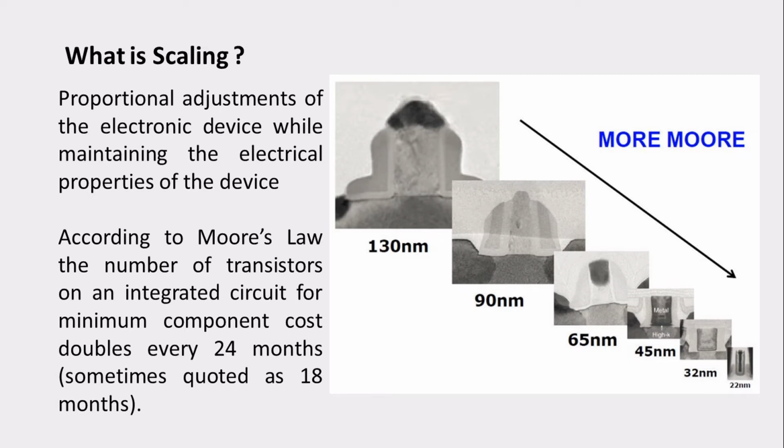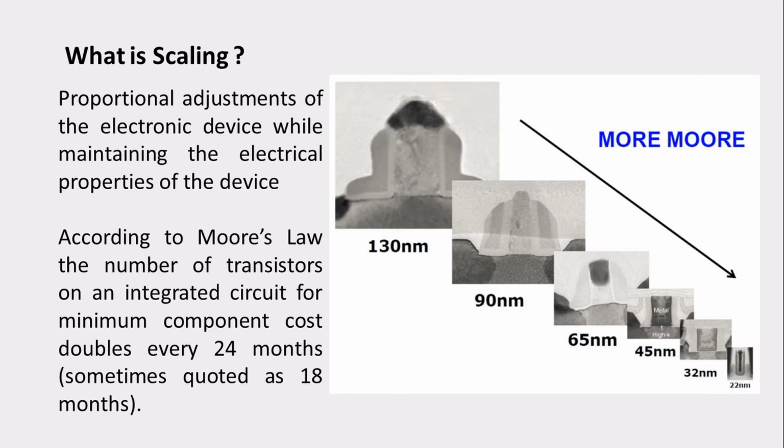In order to achieve Moore's law, people started using different technologies. As of now we say this is 180 nanometer technology, this is 90 nanometer technology. What does this technology mean? Technology is nothing but the channel length.